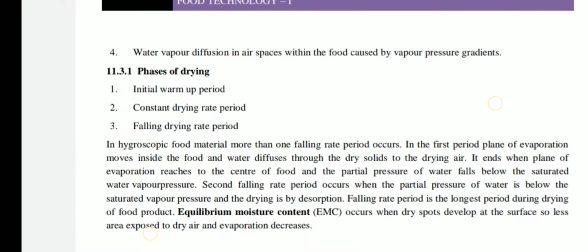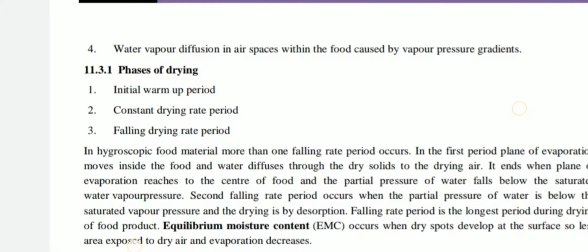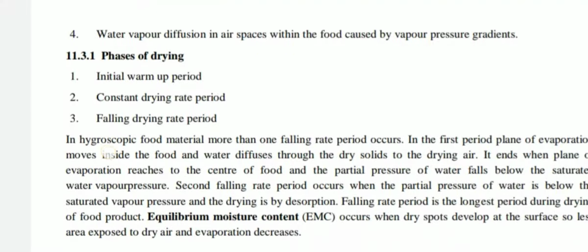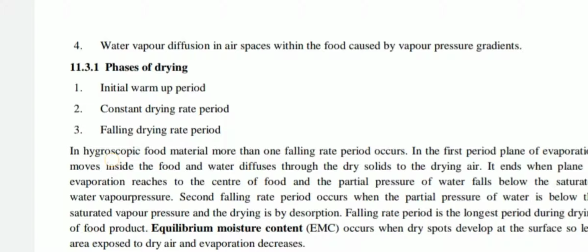Now fourth is water vapor diffusion in air spaces within the food caused by vapor pressure gradient. So we have understood that from the cell, if the free water moves through the capillary effect, moves outside the cell system, then within the cell system the moisture content will start to release into the air spaces within the cell structure, that is intercellular space.